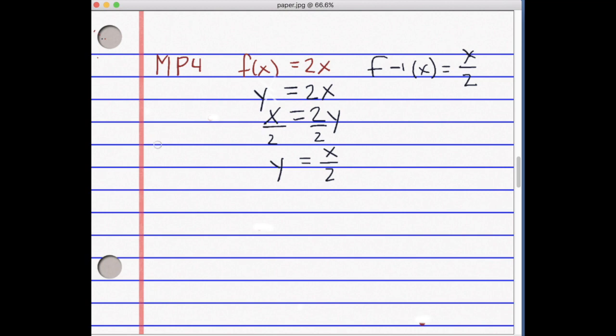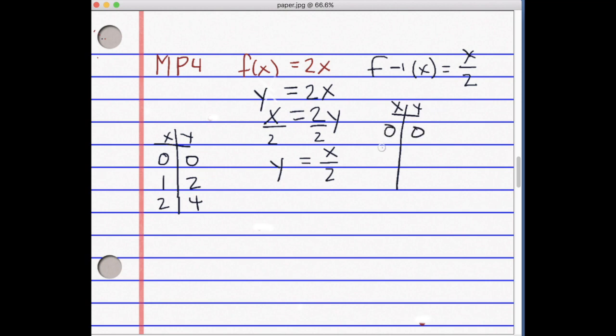So remember, if we picked points and did this by hand, so there's my first function. If I pick 0, y is 0. If I pick 1, y is 2. If I pick 2, y is 4. Now let's do the inverse, x and y. If I pick 0 for x, y is 0.